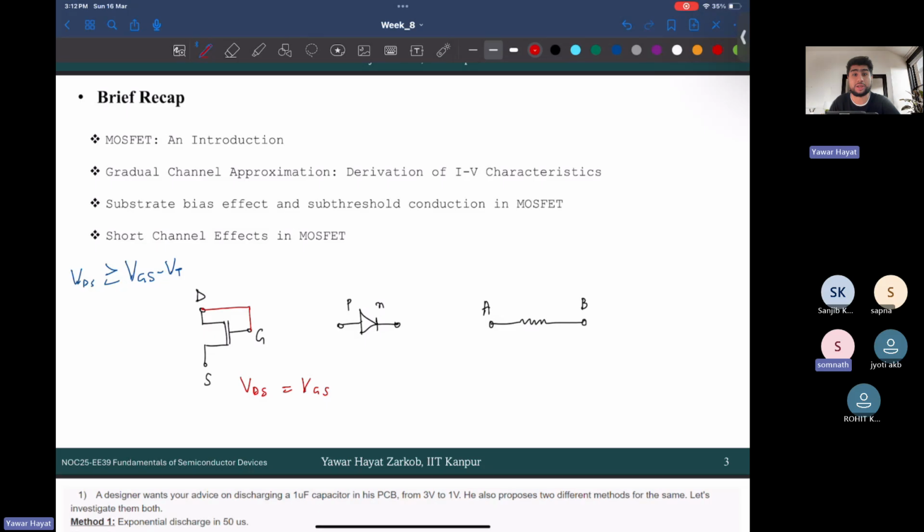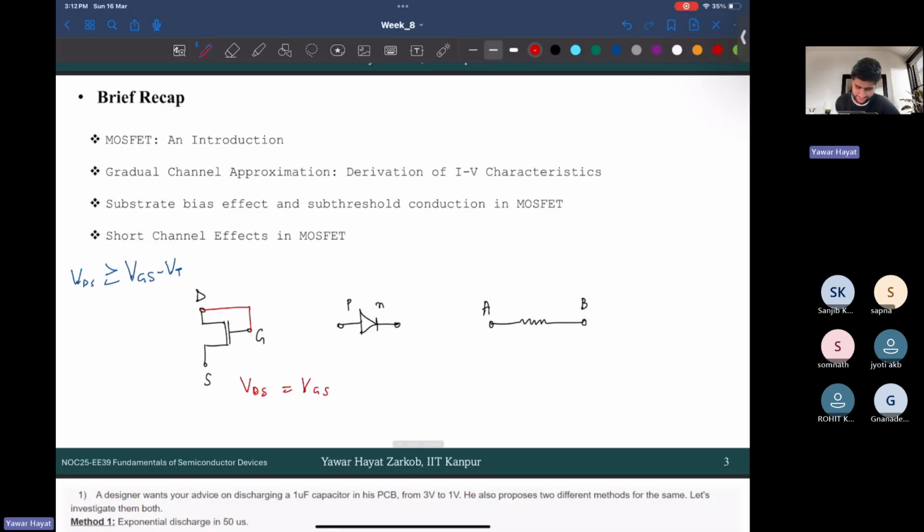Sir, it is in linear region. Linear region, sure. Because of the above equation, VDS greater than or equal to VGS minus VT, and I'm just saying that your VDS is equal to VGS. Sir, sorry, this equation fails.